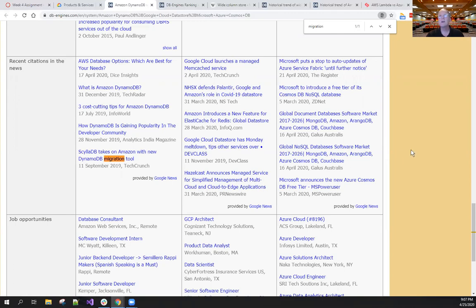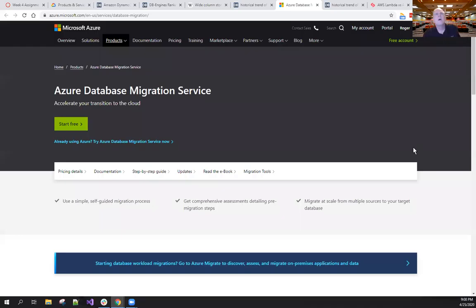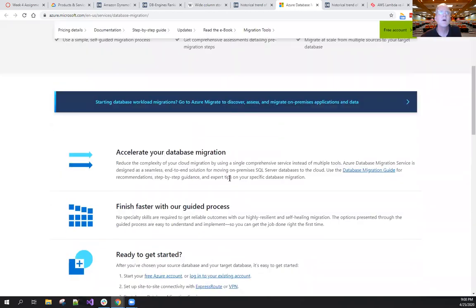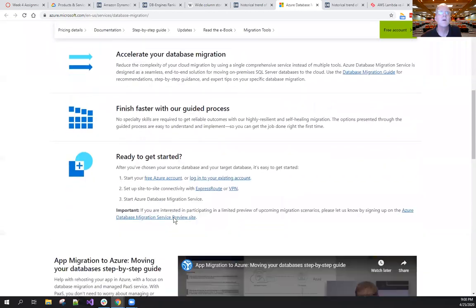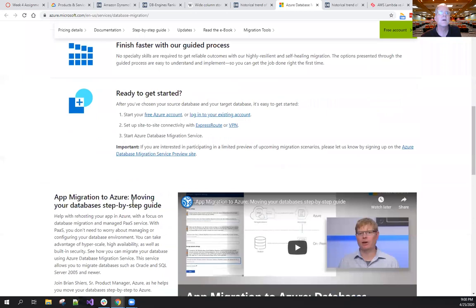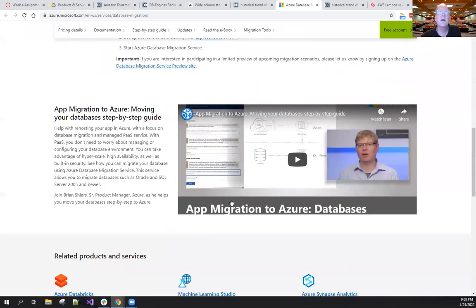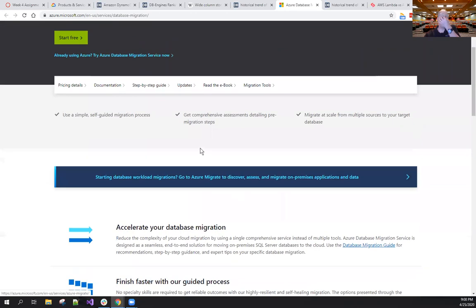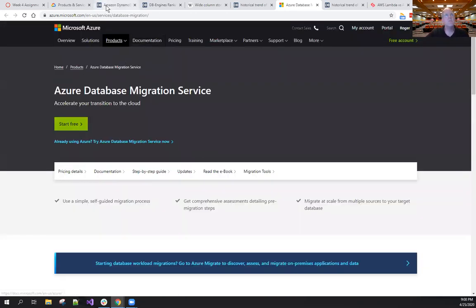Not sure. I don't think we talked about this. Microsoft Azure Database Migration Services, and you can start for free. The Azure account. So, okay, we're down to these two.